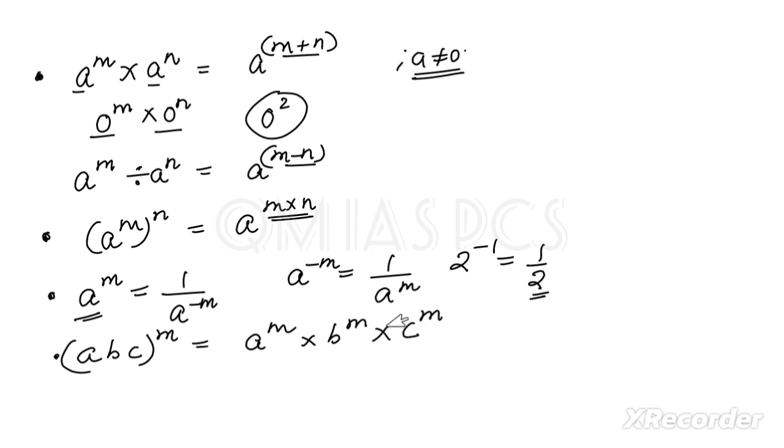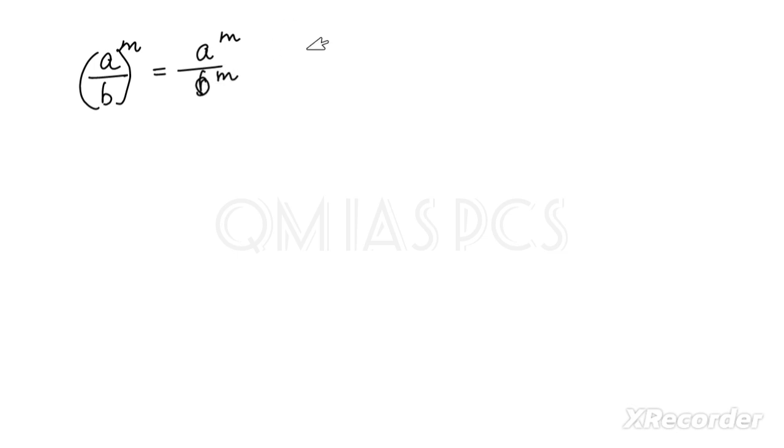You know the basic rules. It's very easy, but you have to understand this one. So the next thing: we have discussed multiplication, so when we take the complete power of a by b, it will be a to the power m divided by b to the power m, or a by b to the power m.